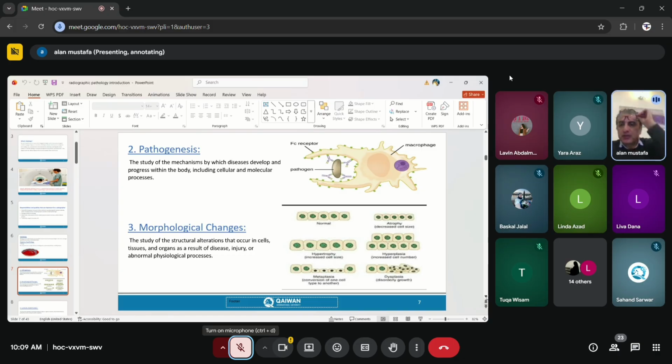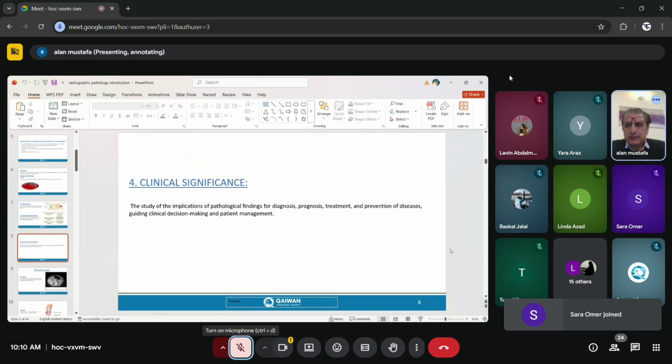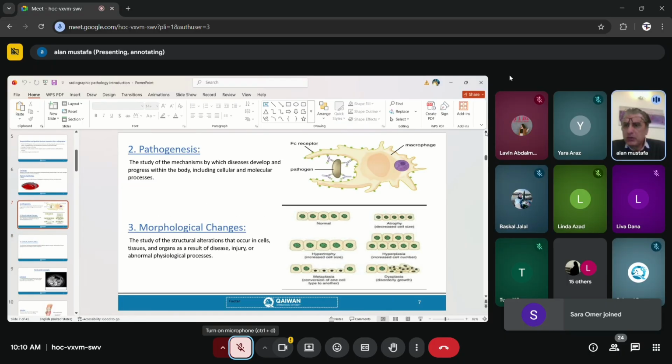As a general term, either the cells get smaller in size. I don't know if you can see it in the images, the lower images. During any injury, either the cells get smaller in size, which we call atrophy. You see the word atrophy in the image.